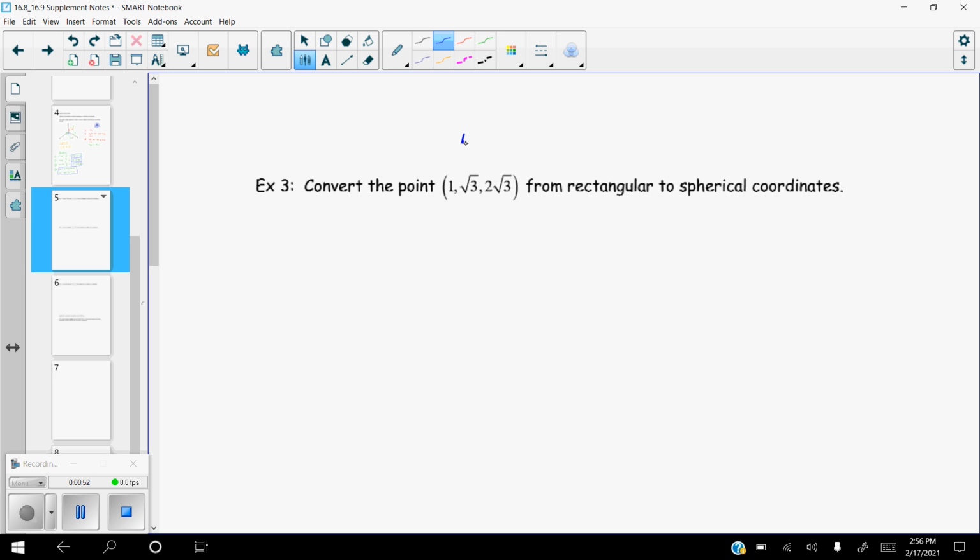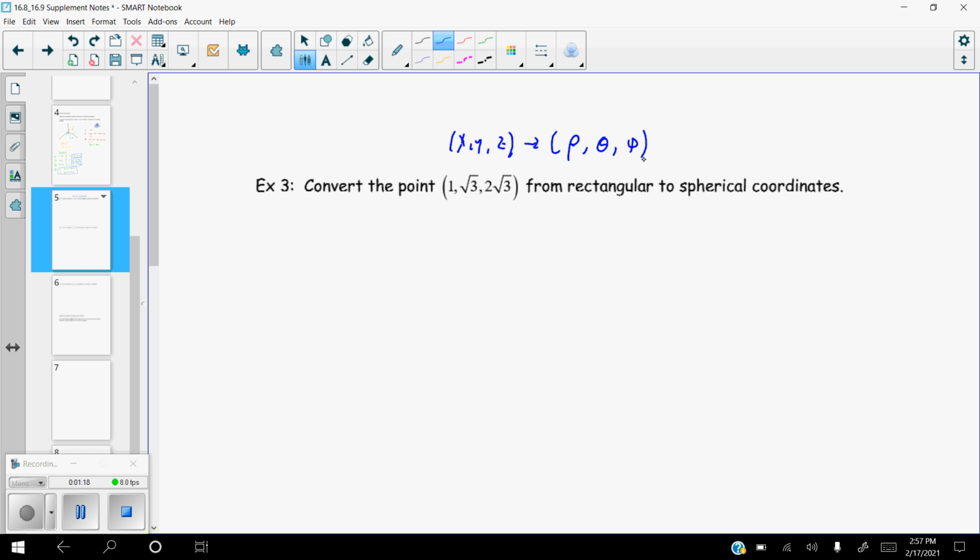We're going from x, y, z, because that's rectangular, to spherical, which is rho, theta, phi. So we need to find those things. We're given x, y, and z. We need to find rho, theta, and phi.